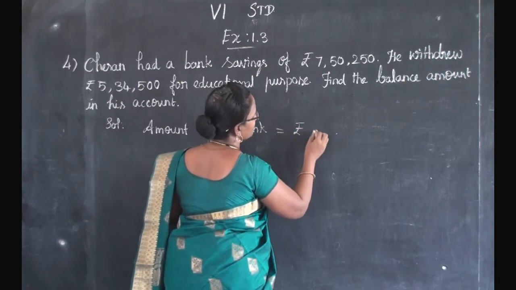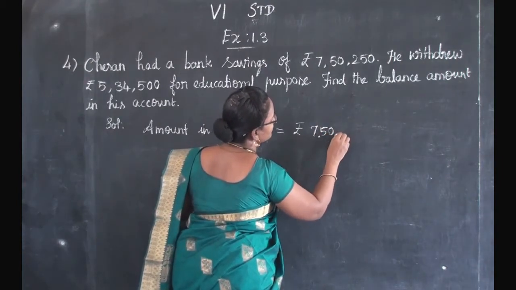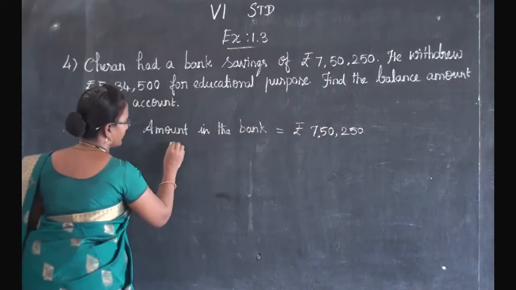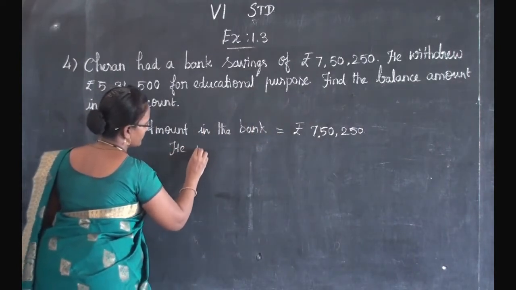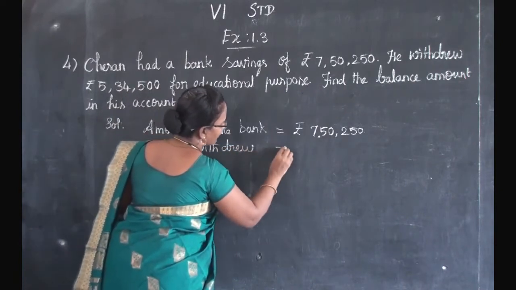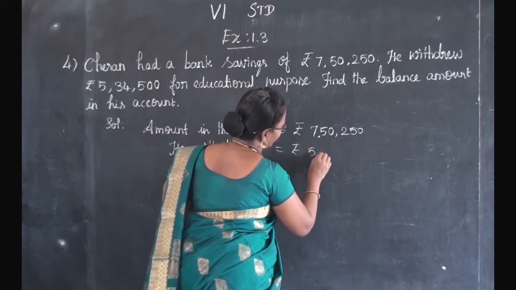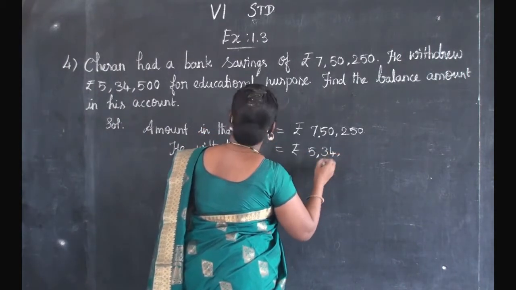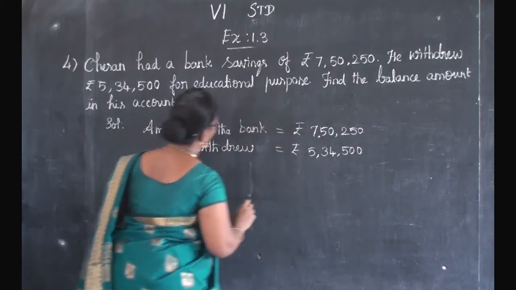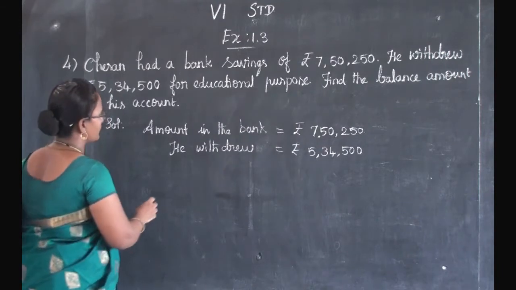Rupees 7,50,250. He withdrew how much? 5,34,500 rupees. And what is the question? Find the balance amount.